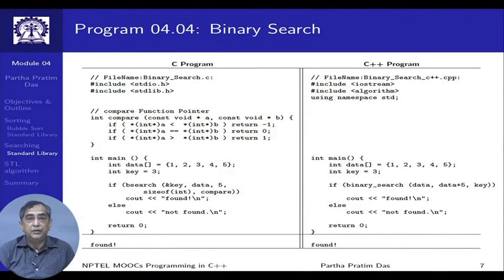If you compare these two, you will find the ease of using binary search in C++ is immensely more compared to the ease of using it in C. And for that matter, binary search in C++ is very often used, and nobody will write a program for doing a binary search for any type of data container that someone has.